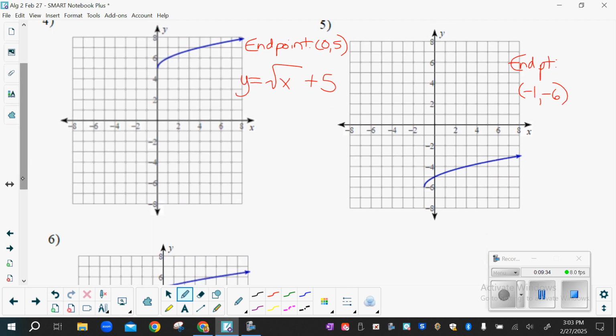This group here, tell me what the equation will be. Y equals x plus 1, because it's the opposite inside the square root. And then the outside would be minus 6. Questions on that? Okay, I want you to do the last one as a you try.